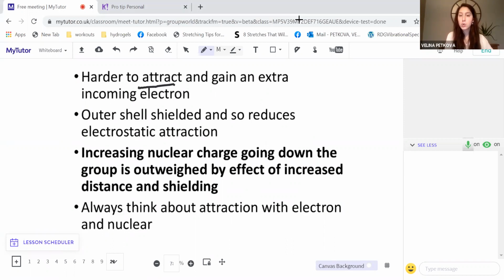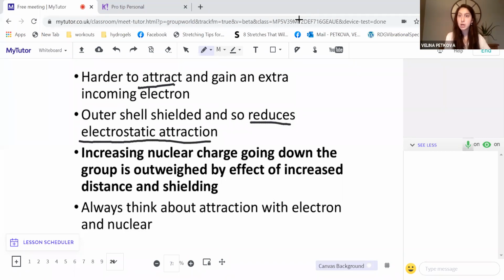So the way group 7 reacts is by attracting this electron, by pulling it into itself due to the electrostatic attraction between the nucleus and the electron. But when the outer shell increases, the shielding of the outer shell increases, so there is once again a reduction in the electrostatic attraction.